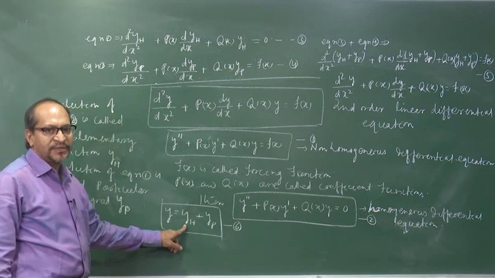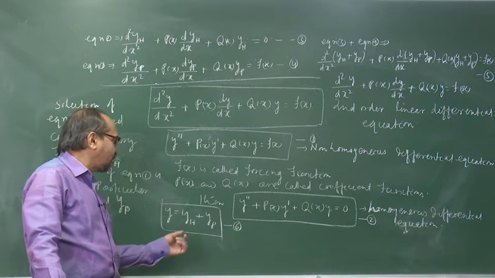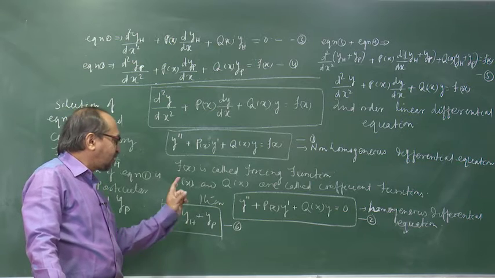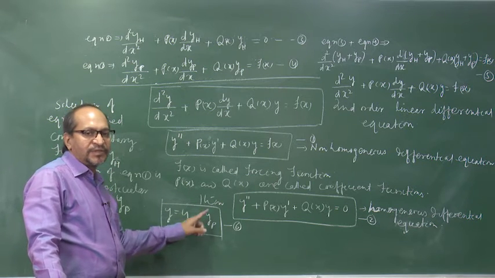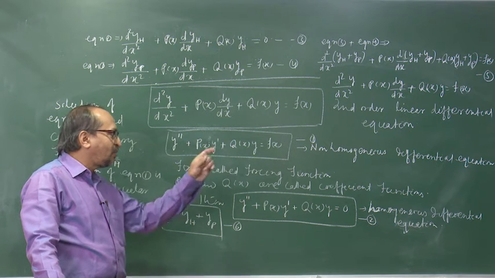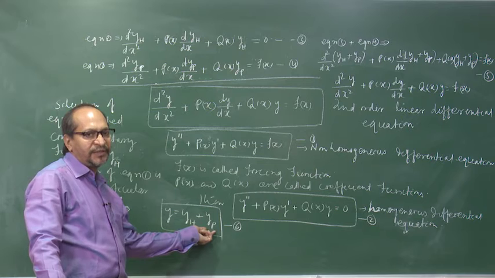One part is the solution of the corresponding homogeneous equation, which is called the complementary function, while the second part, which is the solution of the non-homogeneous part, is called the particular integral.